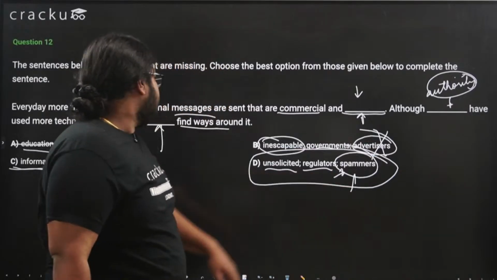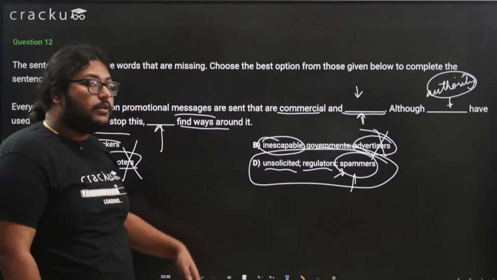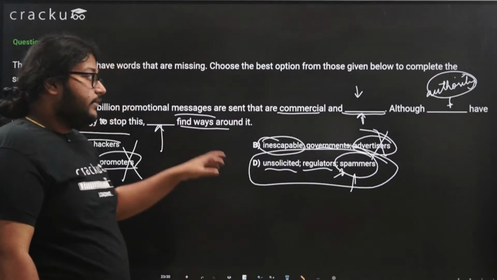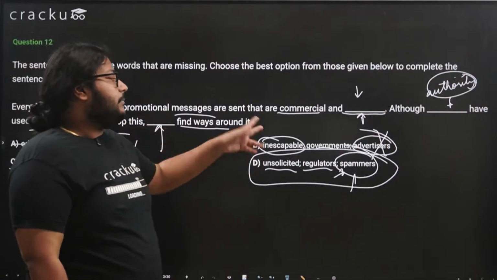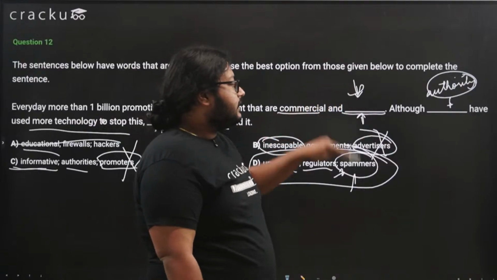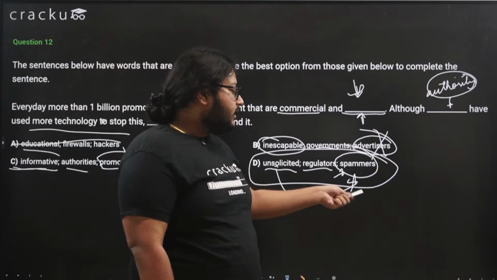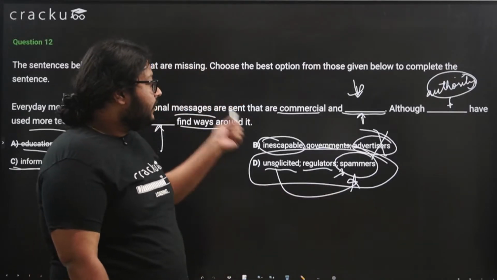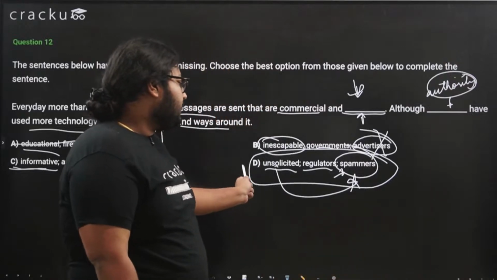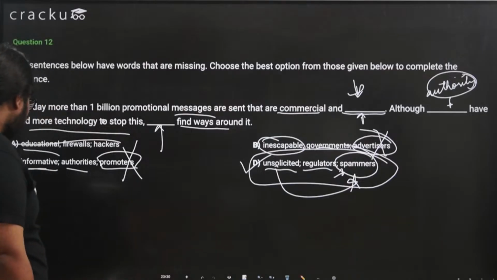Although regulators have used more technology to stop this, the regulators who are regulating all these mails, they've tried to stop this, but the spammers keep finding ways around it. With unsolicited, spammers is a very good fit. So when we read the sentence, it makes proper sense. So we can say option D is the correct choice here. Let's move to the next question.